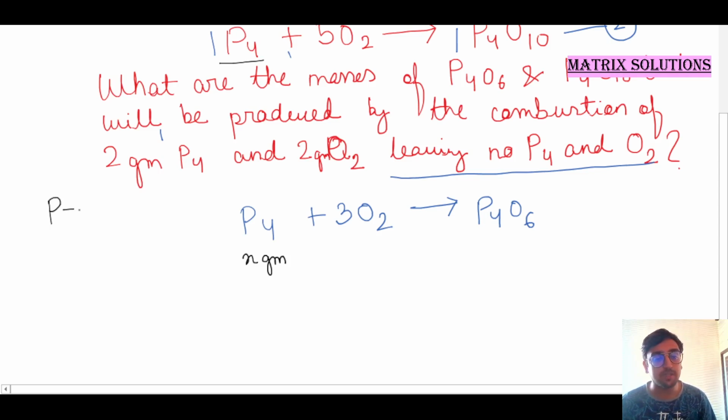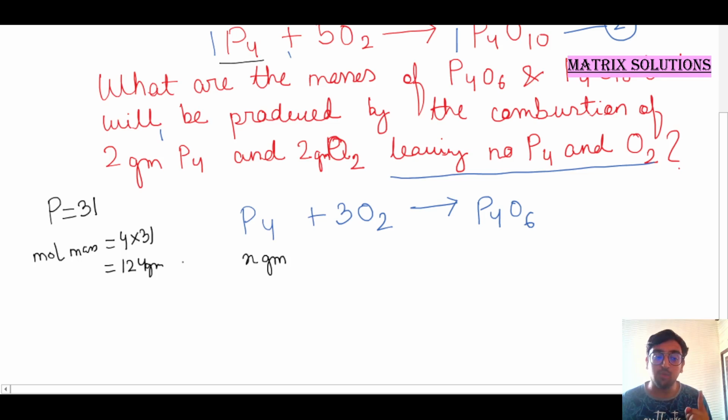It is 31. Here it is P4, so 4 into 31, that is 124. 124 gram will be the molar mass, or 1 mole of P4 will contain 124 gram.